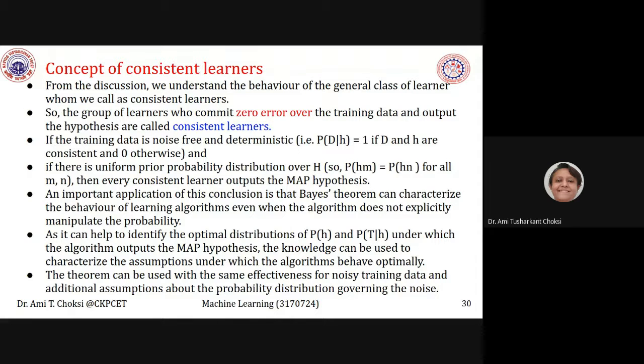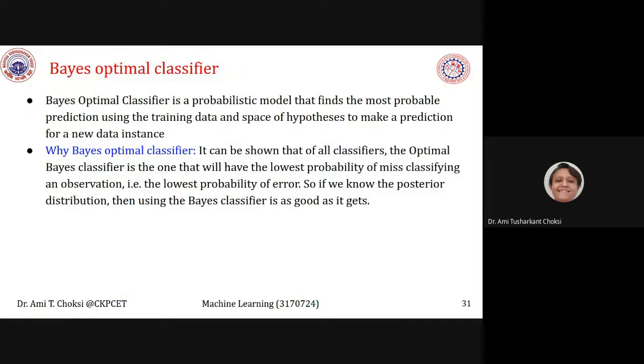So whether it is noise free or noisy, we can apply it, right? We started with the assumption that it is noise free, that is the training data or the target, but then after we can say that we can apply it to noisy data too.